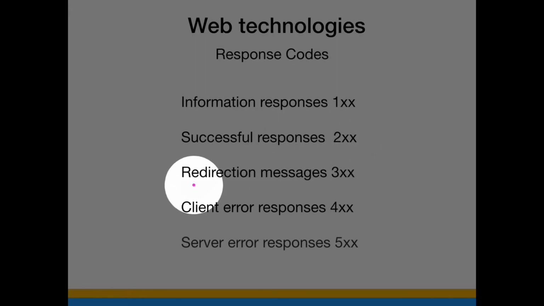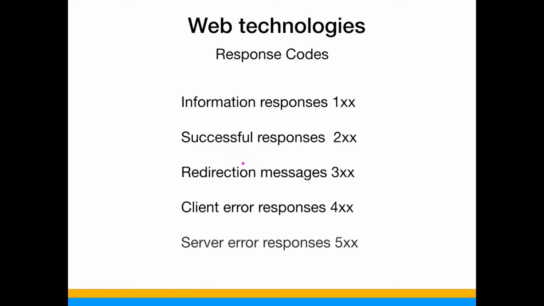There are certain ones that when a page has been moved from one place to another and you want to redirect people, you can do a redirection message. An example of that would be when you are logged out and it redirects you to a login page. The server can respond with a redirection message that your browser will interpret and then put you in the right page.